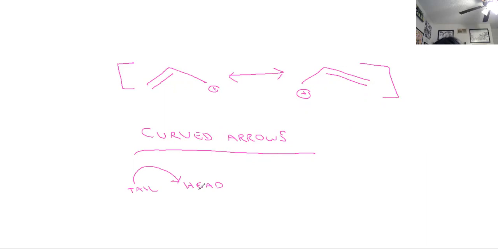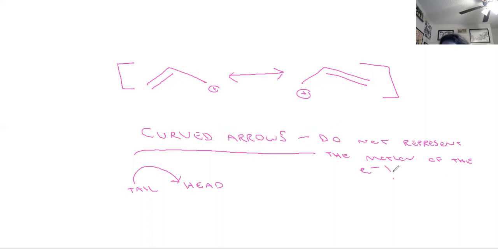These curved arrows do not represent the motion of electrons. I'll repeat that. These do not represent the motion of the electrons. The tail shows where the electrons are coming from, and the head shows where the electrons are going.